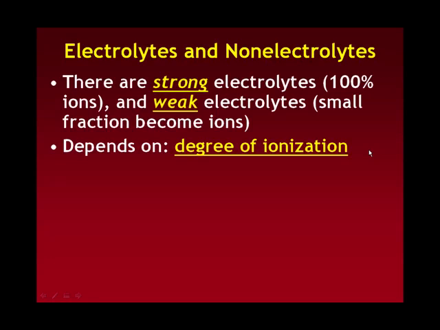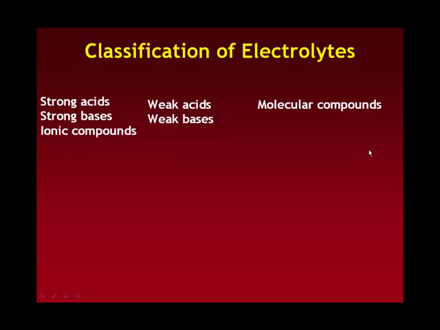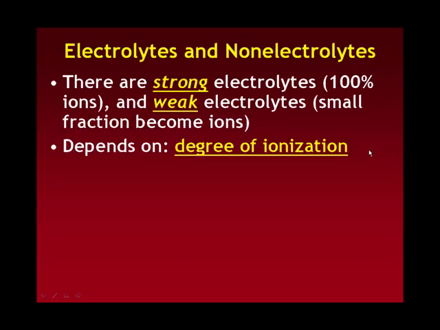You've got strong electrolytes and weak electrolytes. Strong electrolytes will dissociate nearly 100% into their ions. And then weak electrolytes, only a small fraction will become ions. This depends on the degree of ionization. Okay, so dissociation.